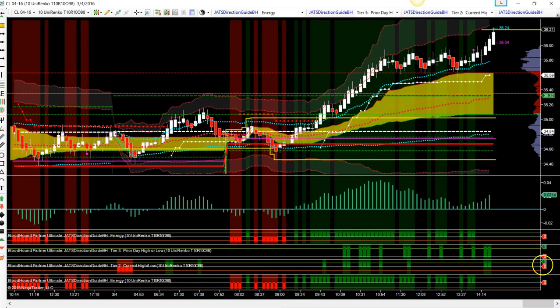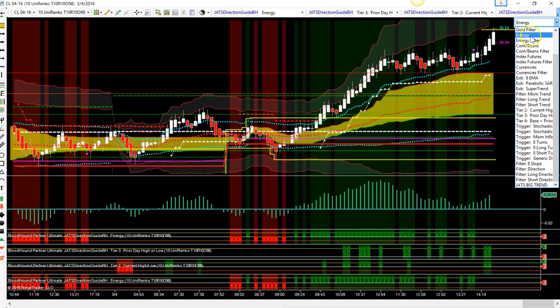Have the ability to have solvers change from your contract that you're trading. I've got solvers set up for bonds, gold, energy, corn, beans, index futures, currencies.